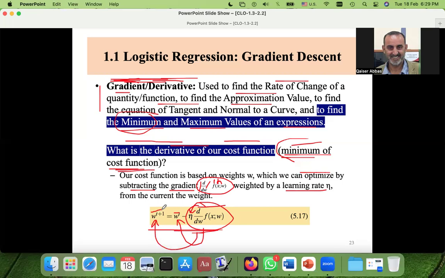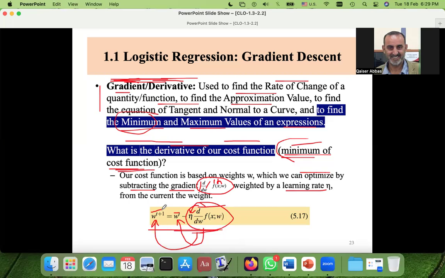Don't be confused by this t plus 1 and t notation. The meaning of it is this: initially you have the weight 0. If w1 is 0, bias is also 0, the learning rate cannot be 0. It can be something like 0.1 or 0.2.